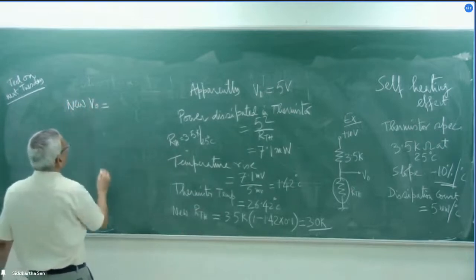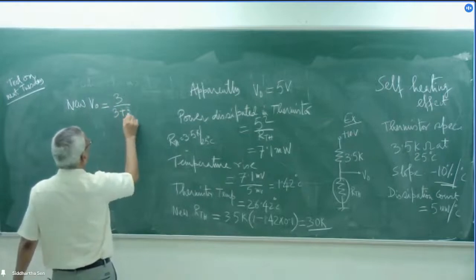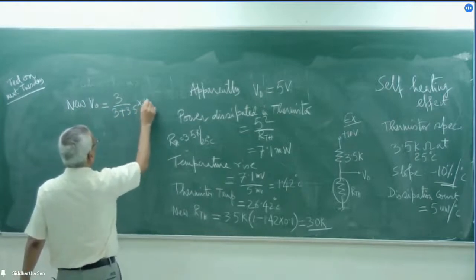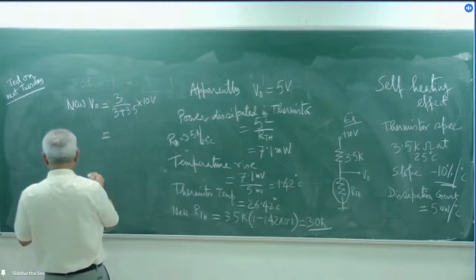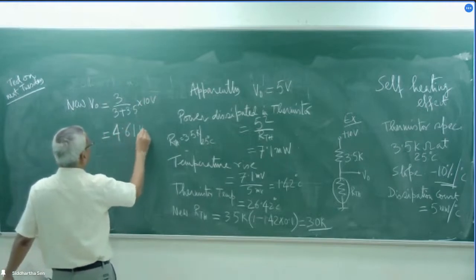what is it? Now it is 3 divided by 3 plus 3.5 into 10 volt. Here it comes to be 4.61 volt.